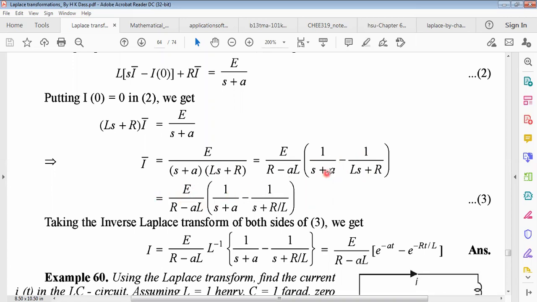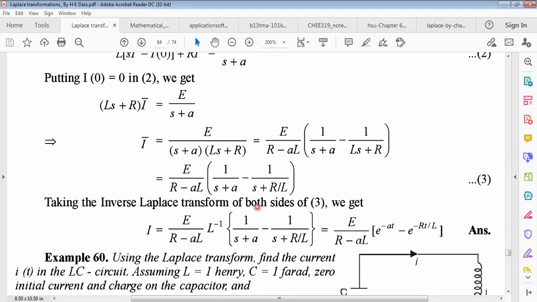So this equals E divided by (R minus aL), 1 by s plus a, minus 1 by L taking L common here, 1 by s plus R by L. Here L is missing, one L is missing here, remember it.